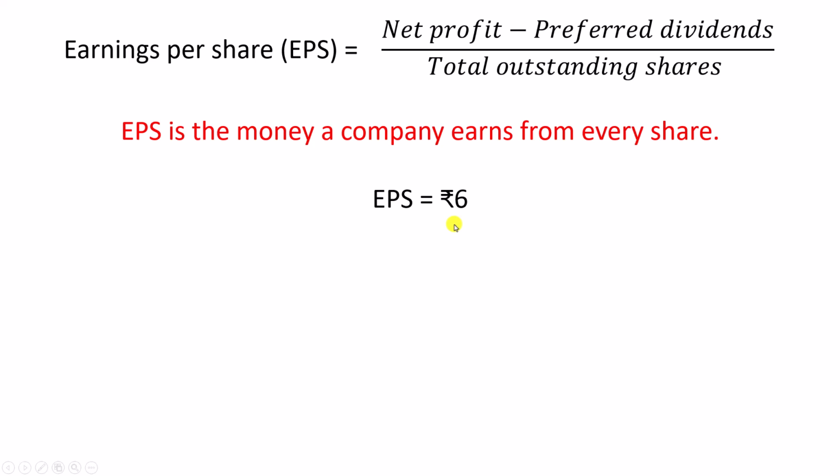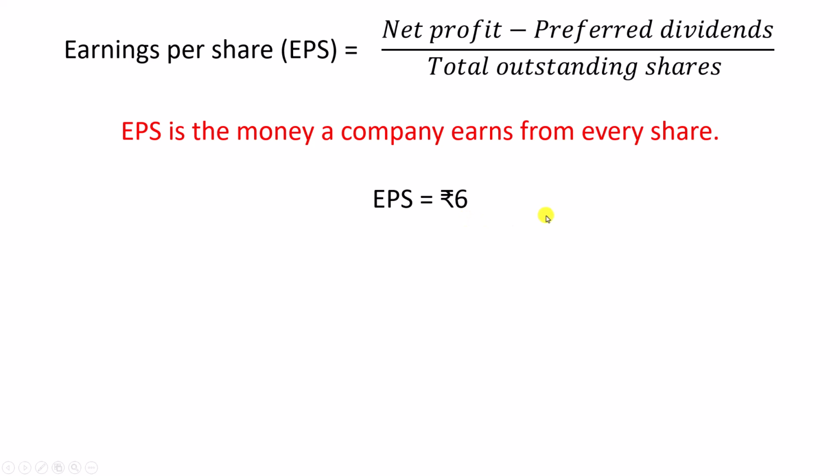Let us say that in the previous year I had bought a share of this company worth 10 rupees. Last year I paid 10 rupees and bought a share from this company. Last year it has performed, and when we calculate using this formula, the EPS is 6 rupees.